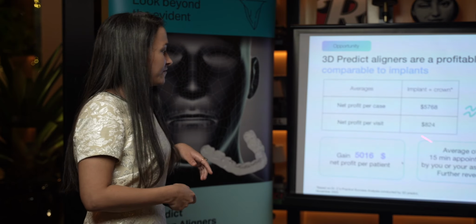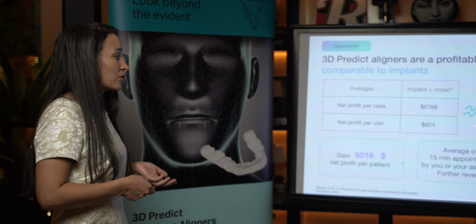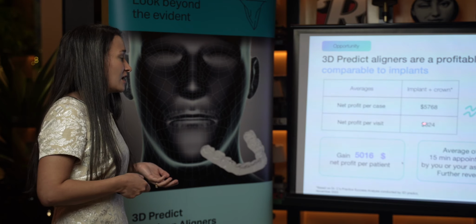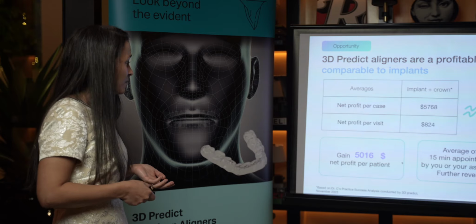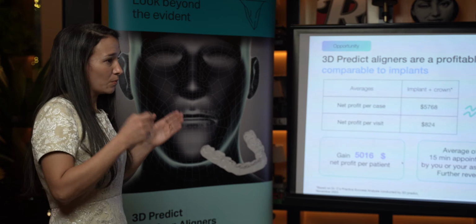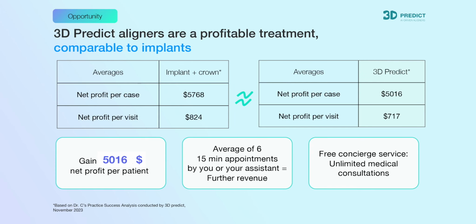So that takes 15 minutes usually. So that's why he said it's really not a fair comparison. I would think it's even as profitable or even more profitable than implant and crown. But obviously there's not a set way to measure that right now. But this is what he is profiting per patient with our system, which is $5,016 per patient.